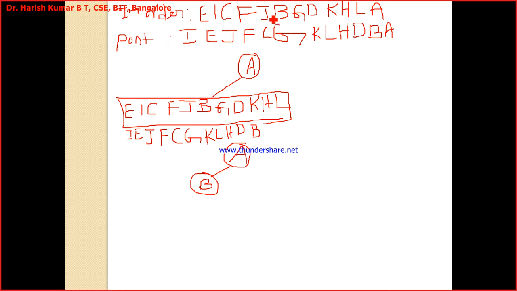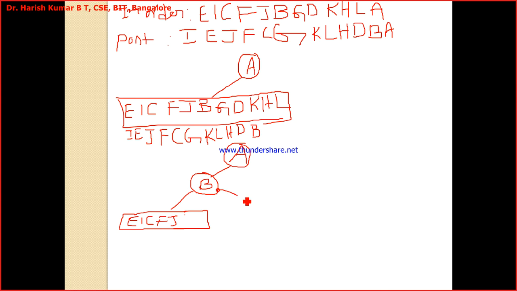All the nodes which are before B, that is E, I, C, F, J, take the position in the left subtree of B. So E, I, C, F, J, they take the position in the left subtree of B.